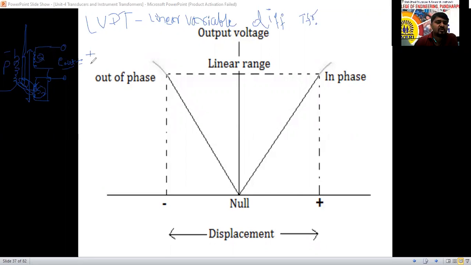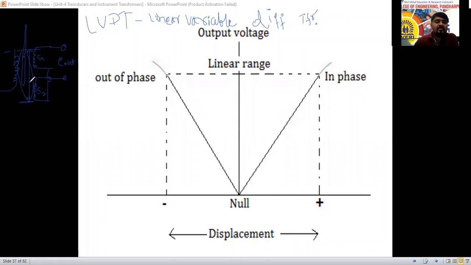One time we get positive, another time negative. But it has some limit; within that range only we can do the movement. If it moves up and down or left or right within this area, that is what we call the linear range.